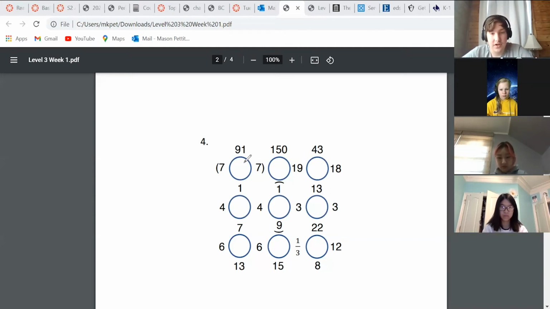Yeah, we could try 7 times 7, right? So 7 times 7 is 49. But then how do we include the 19 and 18, right? So we would have 49 minus 19, that doesn't get us 18. 49 divided by 19 doesn't get us 18. So I don't think we can complete it that way.